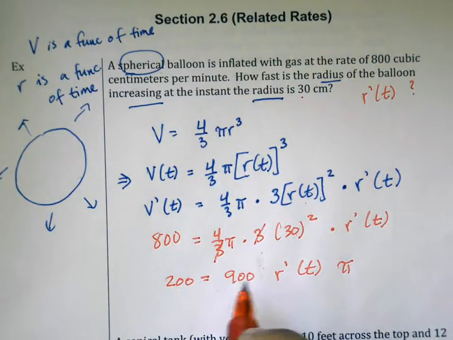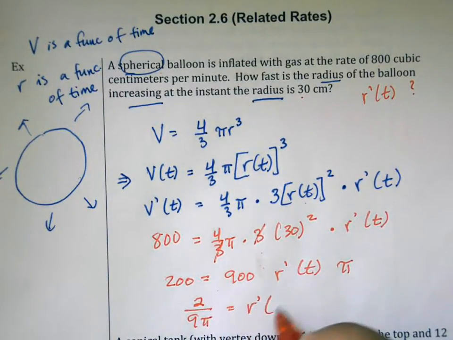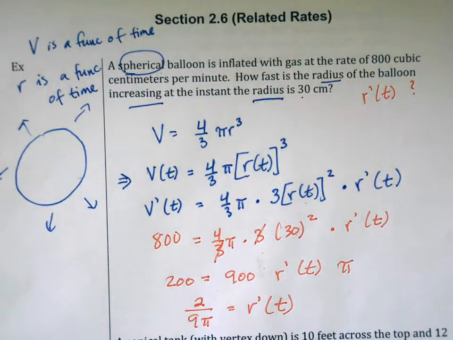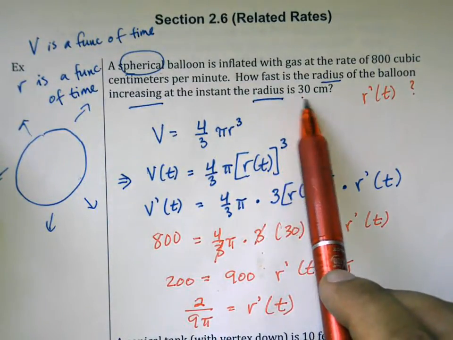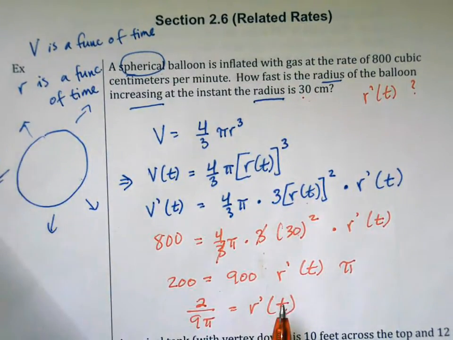So now we divide both sides by 900 and divide both sides by pi, and we get 2 over 9 pi is equal to r prime of t. In other words, at the very instant when the radius of this balloon is 30 centimeters, that's how fast the radius is changing. 2 over 9 pi.